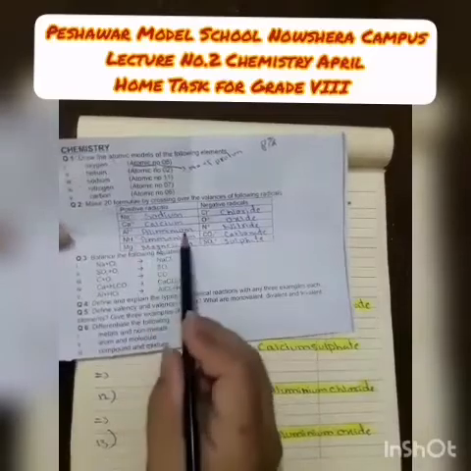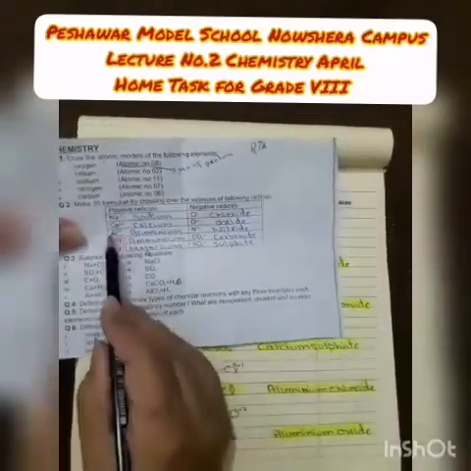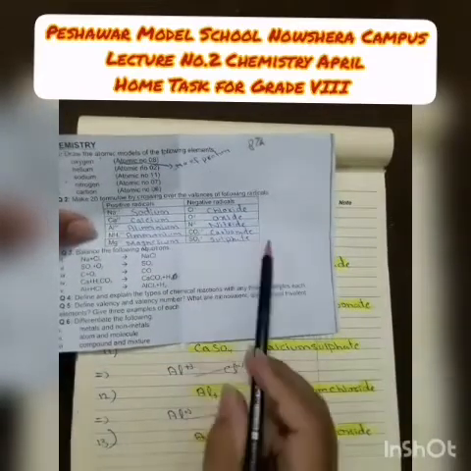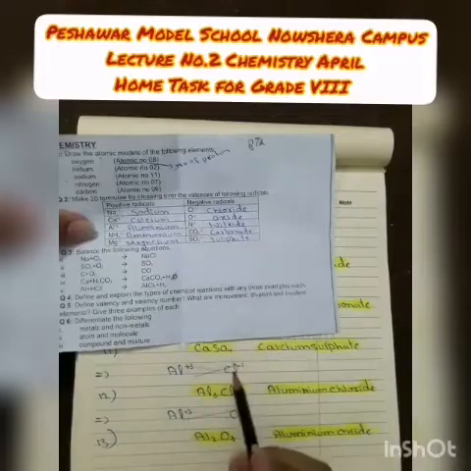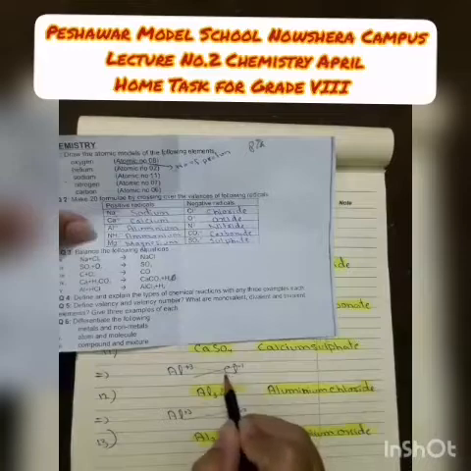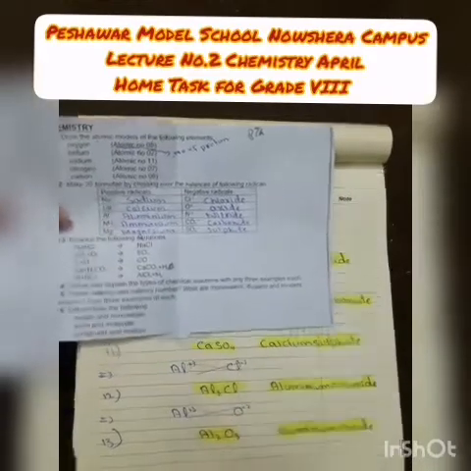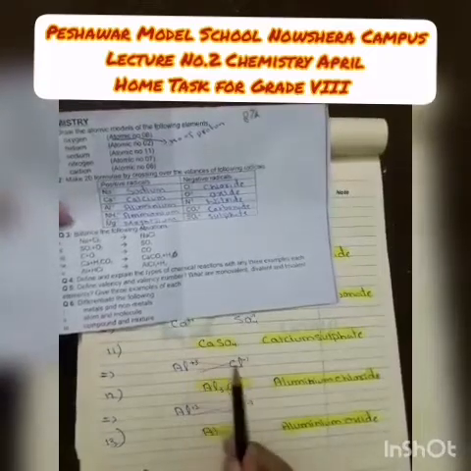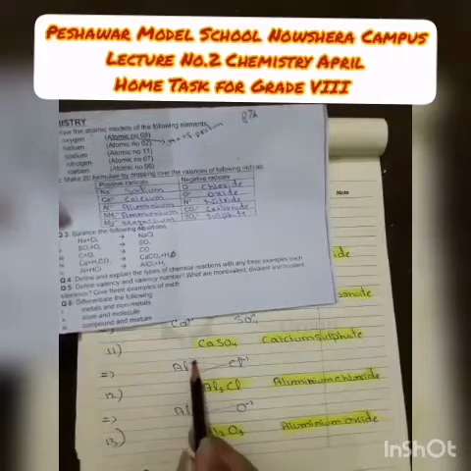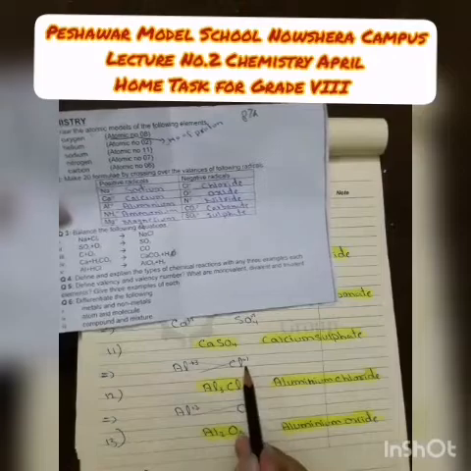Now aluminium will form compounds with the negative radicals. The aluminium symbol is Al and the valency is plus 3. First it will form a compound with chloride. The chloride symbol is Cl and its valency is minus 1. Both have different valencies, so we will do the crossover of the valencies.